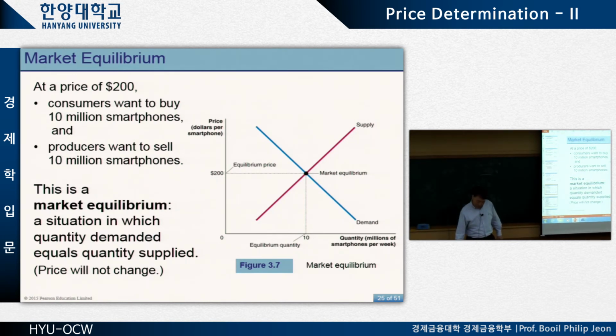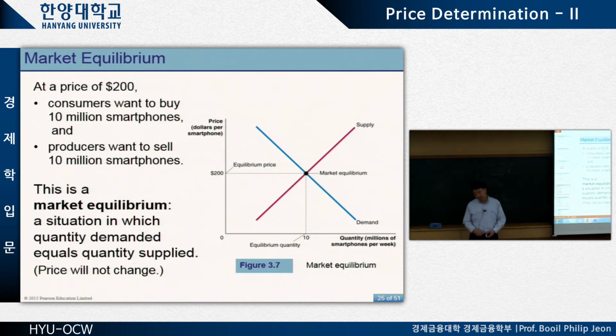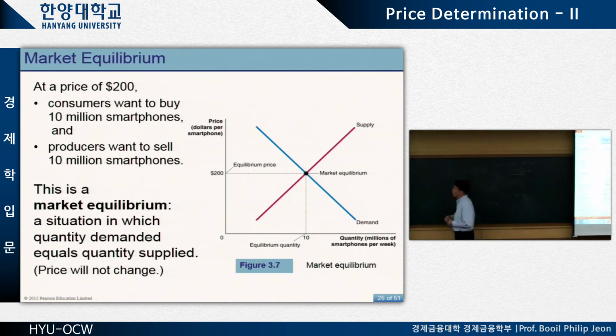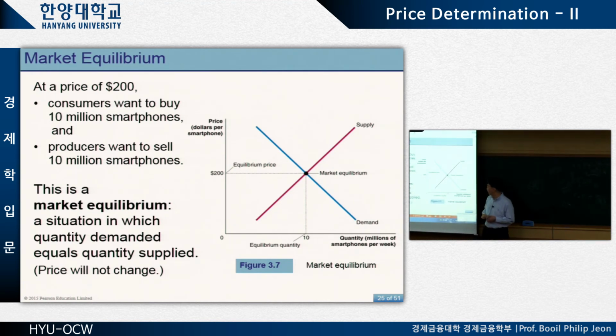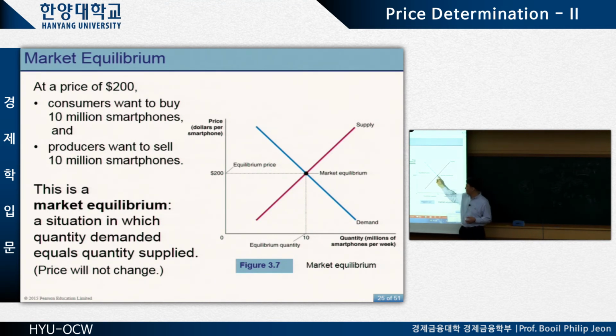When demand and supply are put together in the market, the price is determined at the intersection, and we call it an equilibrium point, the crossing point between supply and demand. Price is determined, we call that the equilibrium price, and quantity is also determined, and that's called the equilibrium quantity.